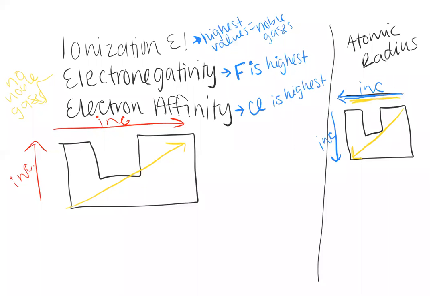So as we have fewer protons as we move this direction, we have less of a force between the protons and the electrons in that outer shell. We don't have as much force pulling on it, which means that atom is going to be larger. As we're over here on this side, we have more force pulling.